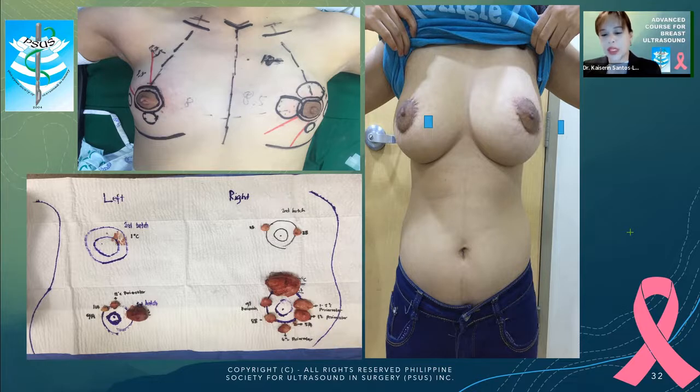Like for this patient with multiple fibroadenoma in different locations, multicentric, we used the following markers. We provided the map so that we were able to perform oncoplastic procedure. Only the target lesions were removed, minimal tissue manipulation, and this is the post-op picture of a very happy patient.